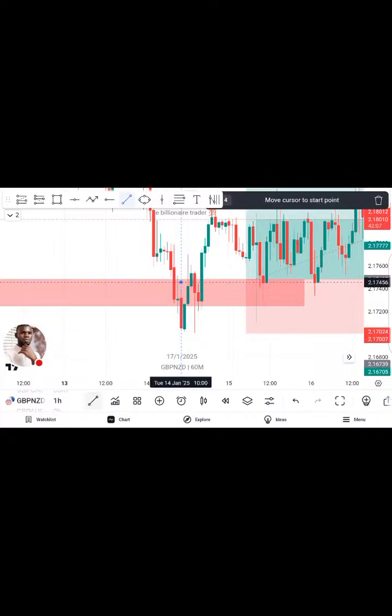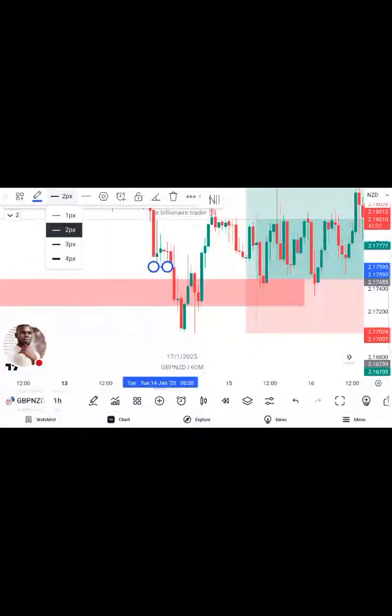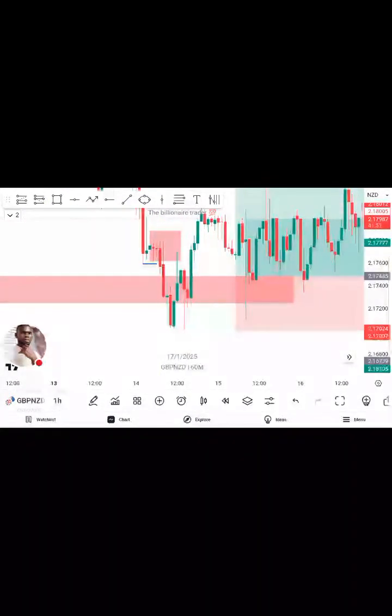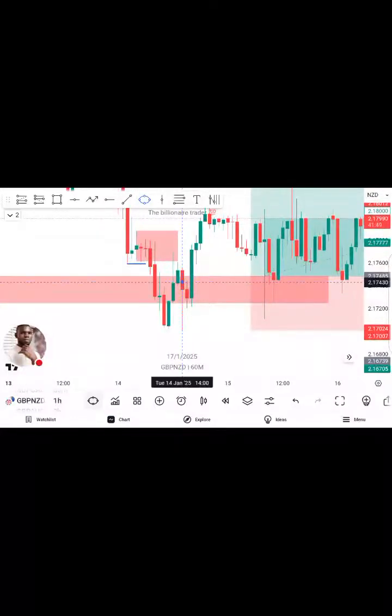And also we have this low, the last low here, and we have this supply zone being mitigated. Okay, this low was actually taken out.